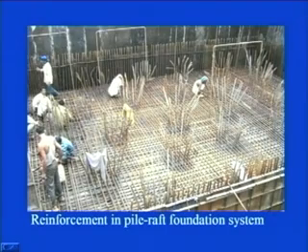As I was telling you, these vertical bars visible in this picture are the main reinforcement of the pile, and this grid which you are seeing is the grid for the raft.